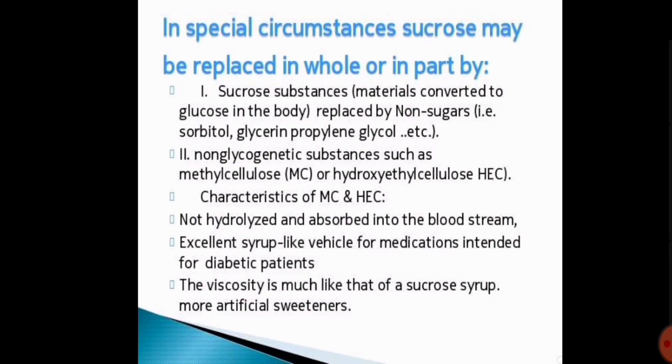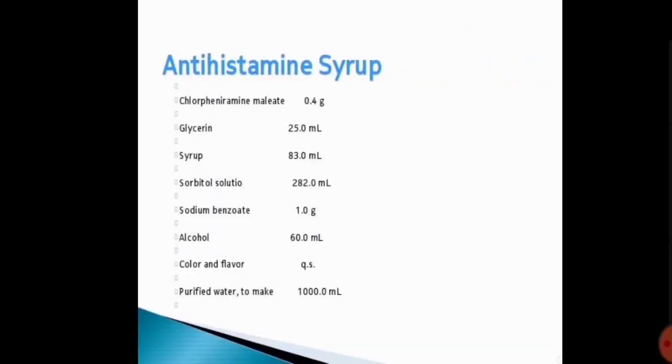And if the patient is suffering from any GIT problem, then we must not use such non-sucrose or sucrose sweeteners which can cause a long stay in the GIT or which cannot be absorbed from the GIT. Then we have antihistamine syrups, chlorpheniramine maleate, glycerin syrup.